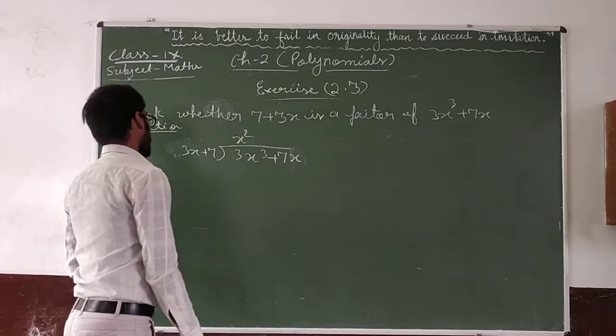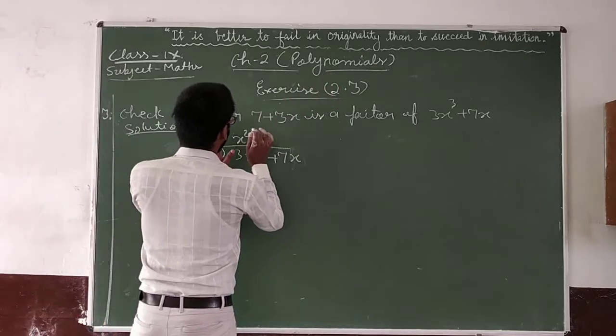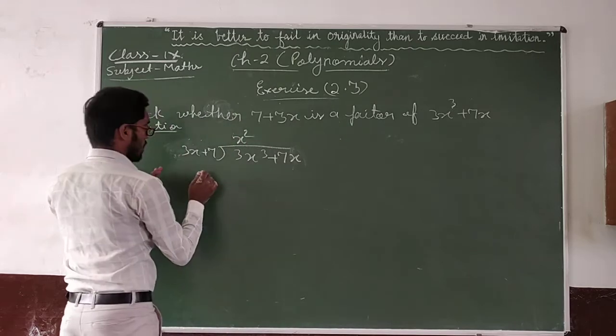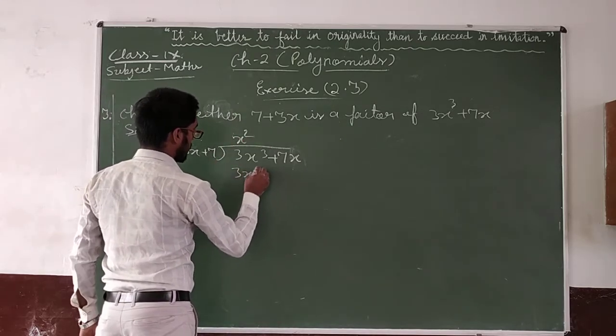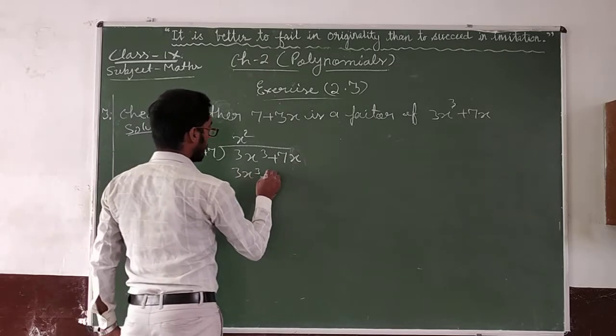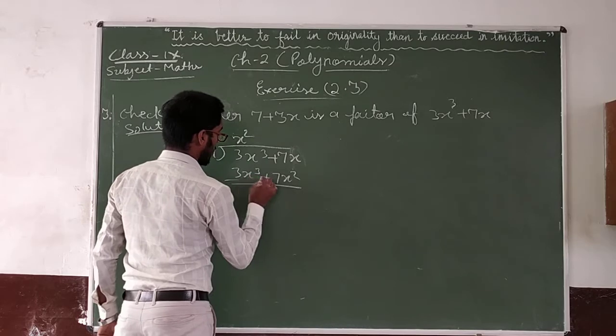And you have 3, and in the dividend also 3, means both are equal. So now multiply the divisor by x square, then you will get 3x cube plus 7x square. Subtract it.